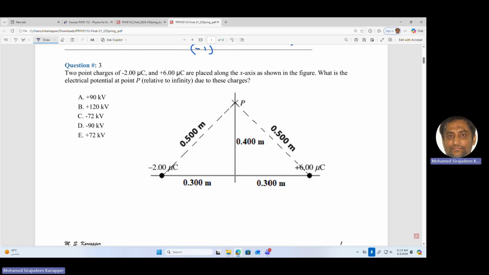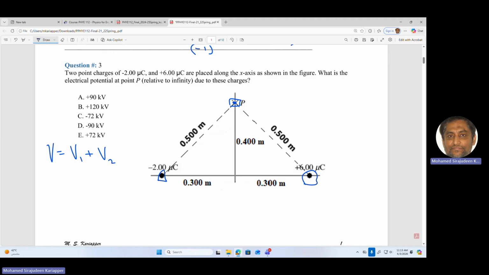Number 3. Two point charges of -2 microcoulomb and +6 microcoulomb are placed along the x-axis as shown in the figure. What is the electric potential at point P? So from these two charges, each will have a potential at the point P. So the total potential will be the potential from both of these charges.